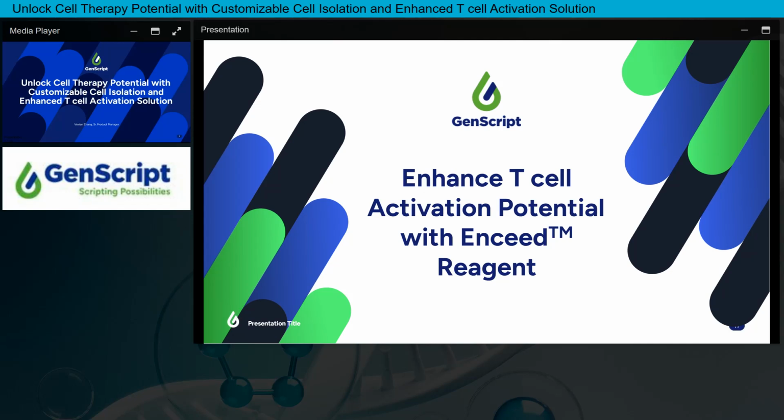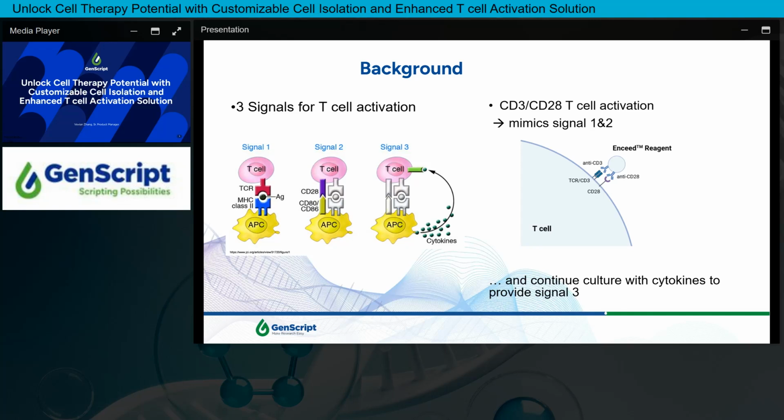Okay, so in the next few minutes, I would like to further introduce the T-cell activation reagent from GenScript, which is part of our comprehensive offerings and can complement your T-cell based cell therapy development. Here is a quick background about T-cell activation signaling and how it happens naturally. As you may know, there are three signals for T-cell activation.